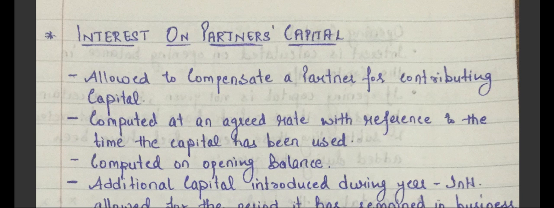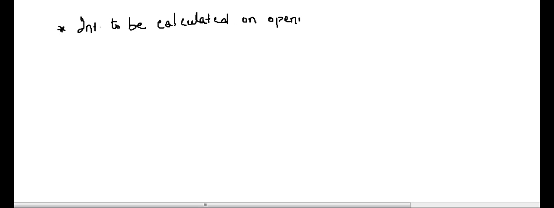Now the next point says it is computed on the opening balance. What does it mean? That is, the interest is to be calculated on the opening balance in the capital account.